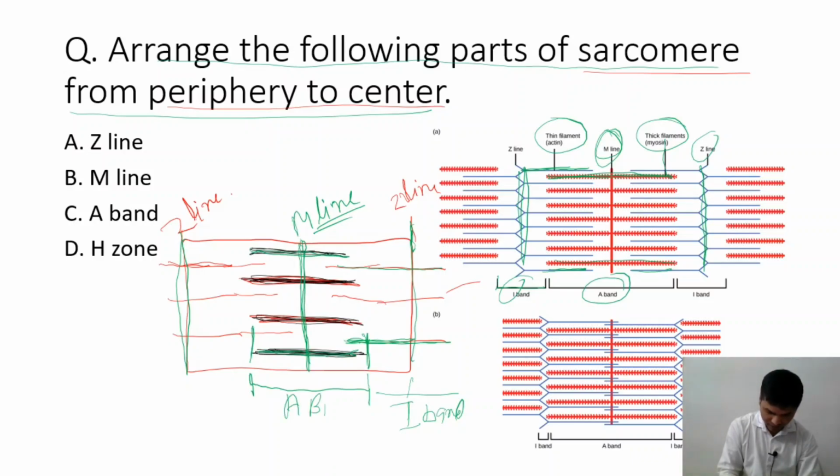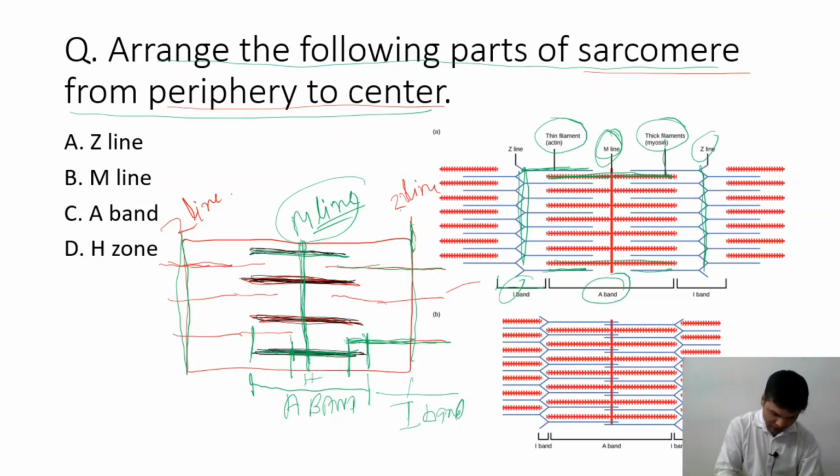And only myosin is here. This part only has myosin, so that is called the H band. And this is the M line in the center. So you can arrange like that.